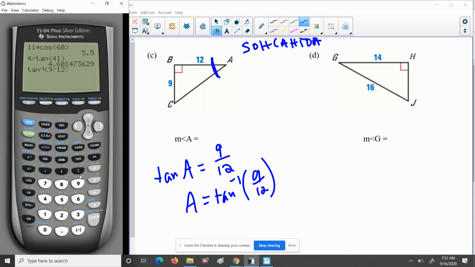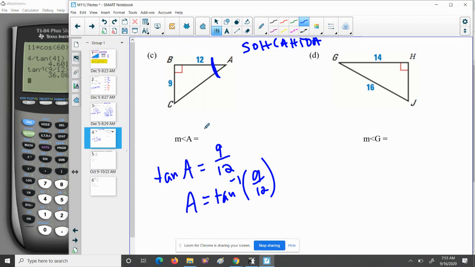So what this is going to do is give us an angle that has a tangent of 9 over 12. So our angle is 36.86. Okay, so the 8 after the 9 means we round up. So this is going to be 36.87 degrees, because it's an angle measure.